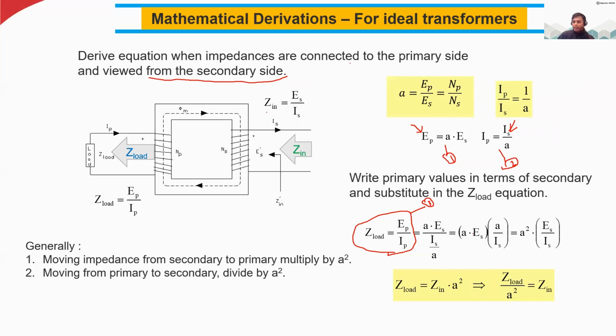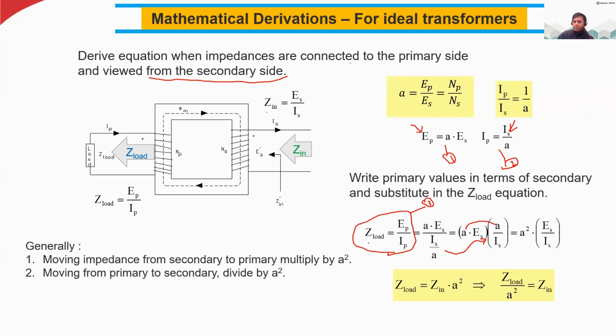I am just simplifying. The simplification is very easy. IS divided by A, when it moves to the other side, goes the opposite way, so it becomes A divided by IS. So what will happen? ES divided by IS times A square. That is what is written here.